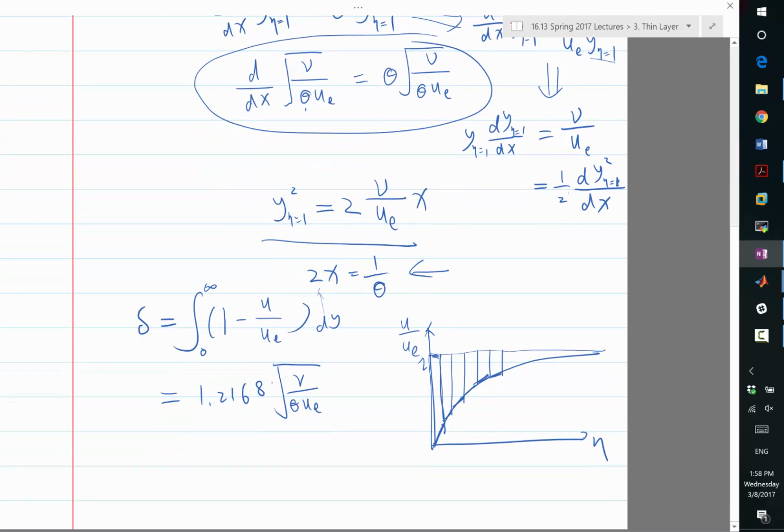And if you'd like to use the flat plate x as opposed to theta, it's this times the square root of, instead of 1 over theta, I have 2x nu over ue.